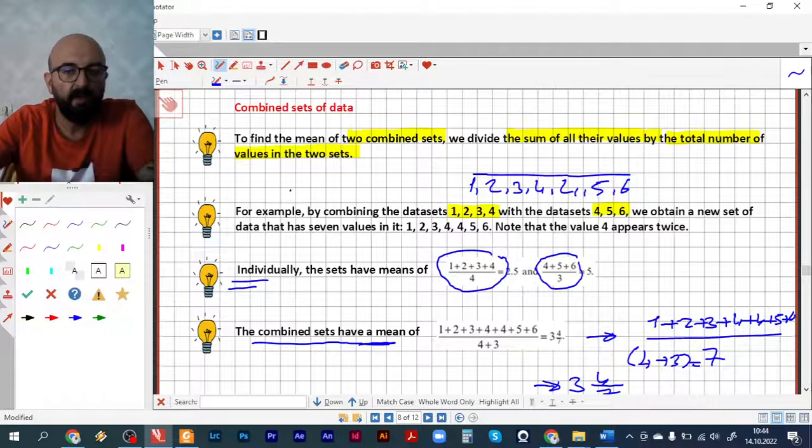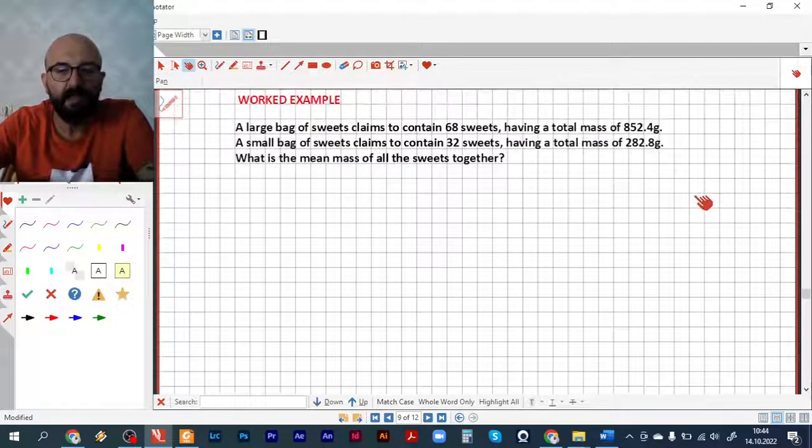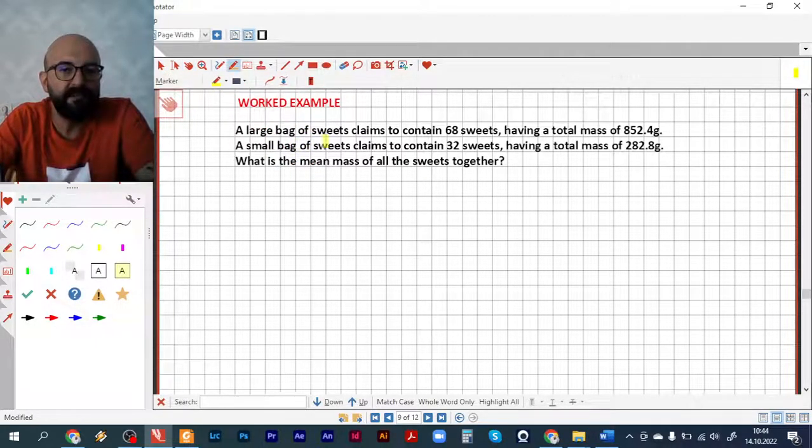Okay, now we have some examples about grouped data. A large bag of sweets claims to contain 68 sweets, having a total mass of 852.4 gram.